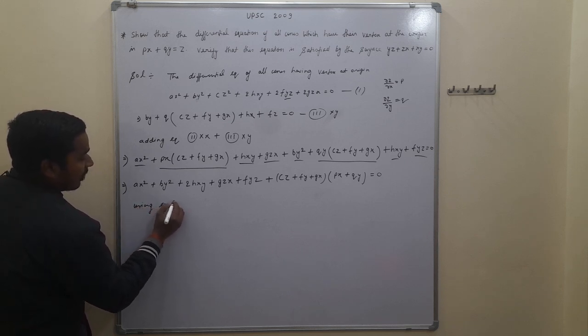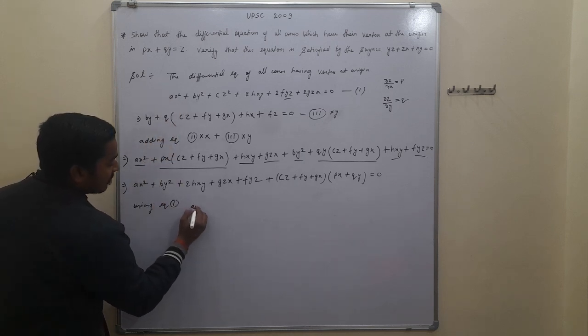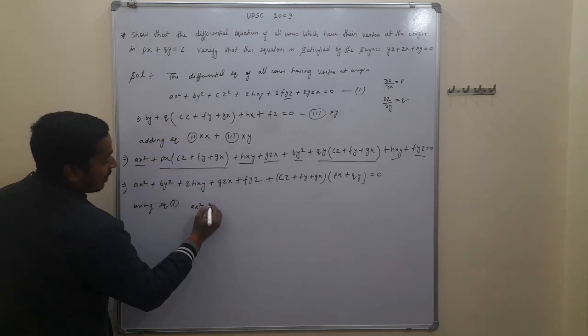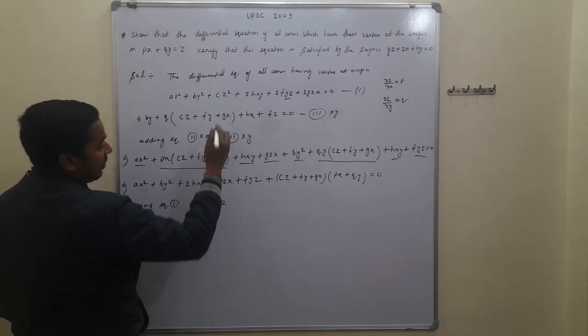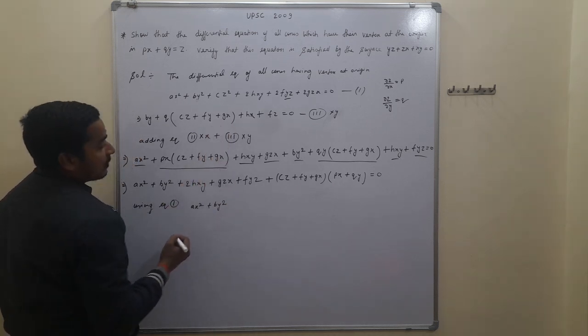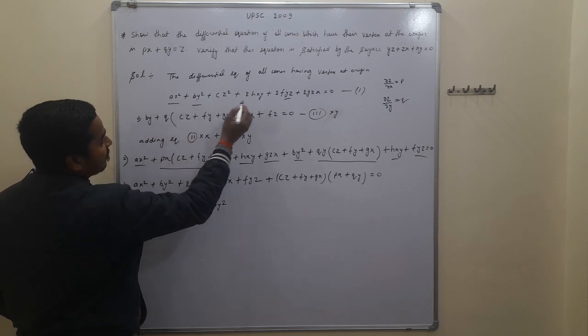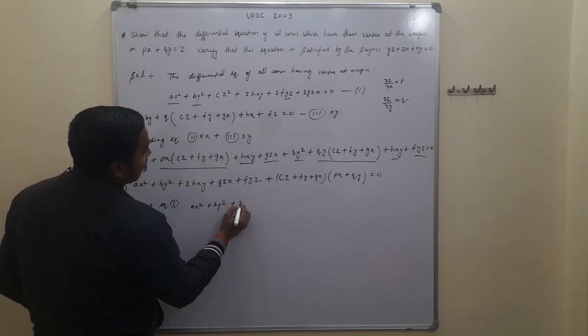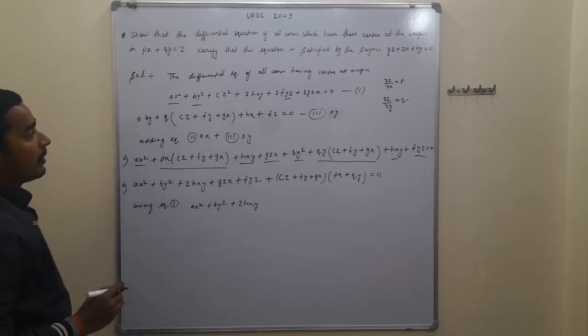Using equation 1, we can also write equation 1 in the form ax² plus by², and once by² we have to take x² plus by² plus 2hxy.